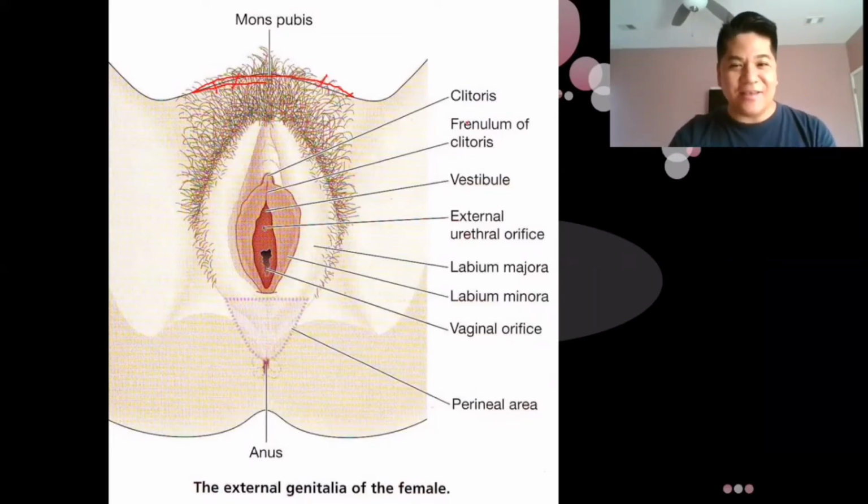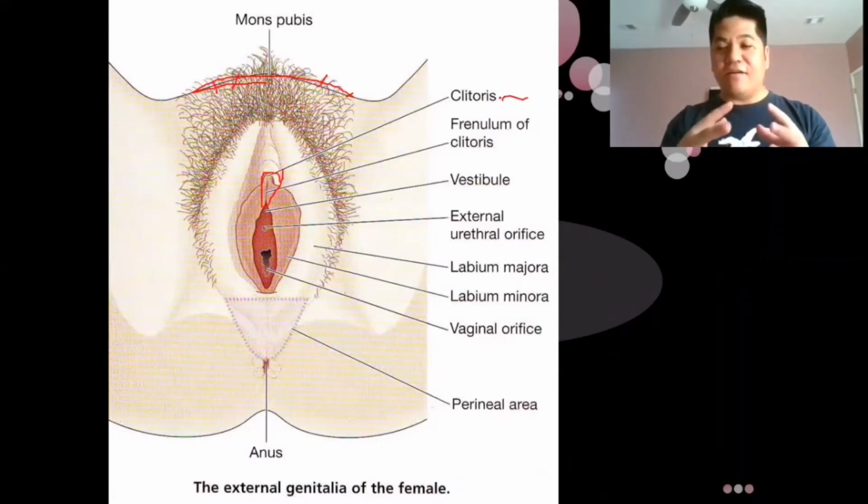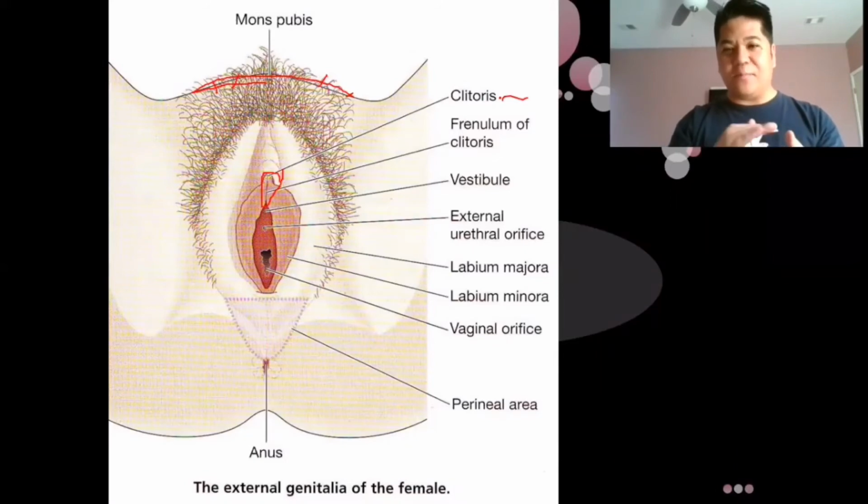Then we have your clitoris. The clitoris itself has a lot of nerve endings, so pressure or touch will stimulate the female. So that's your clitoris.